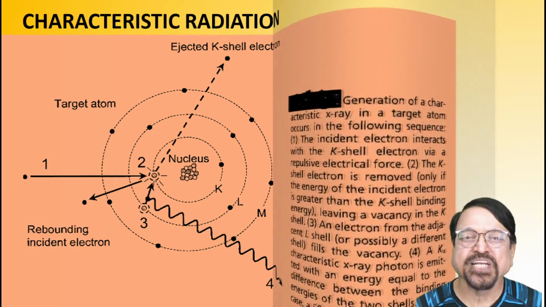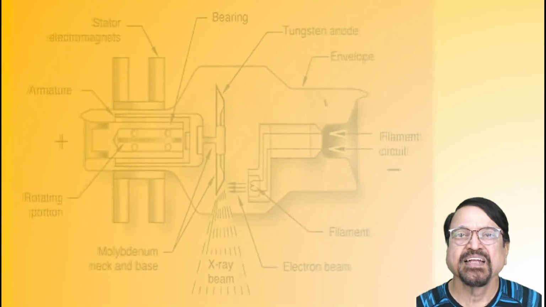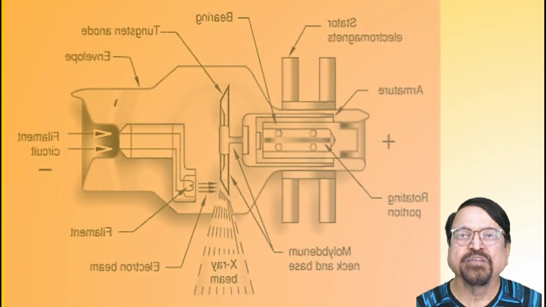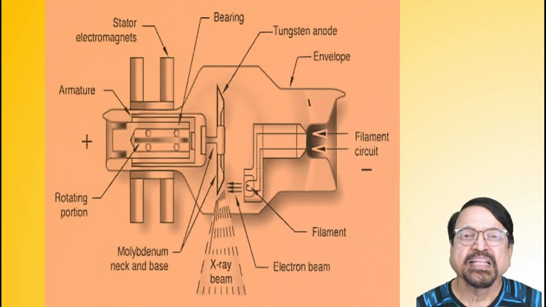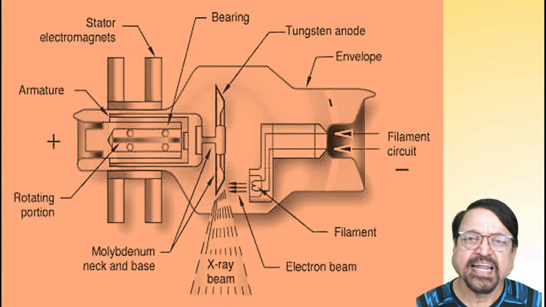Now there is a calculation, there is a chart available. I will show you. You can pause it and get more detailed information. Now this is the X-ray tube, in which first there has to be a production of electrons. From where does it occur? From the filament. Then they need to be accelerated.